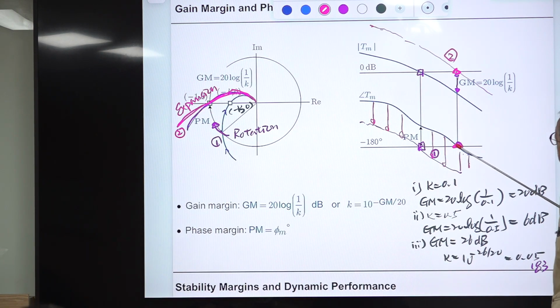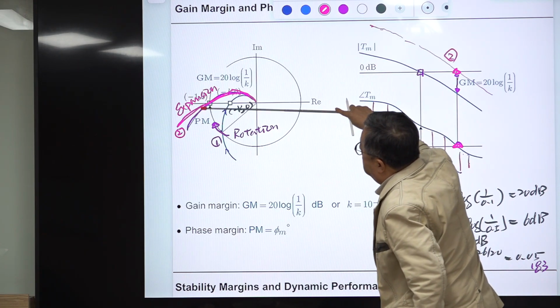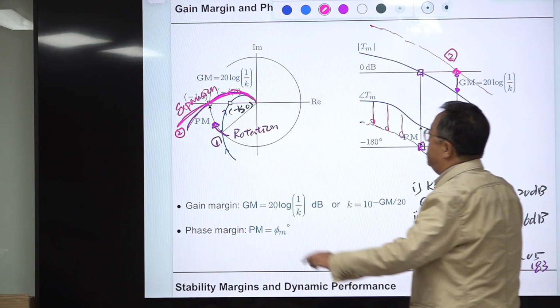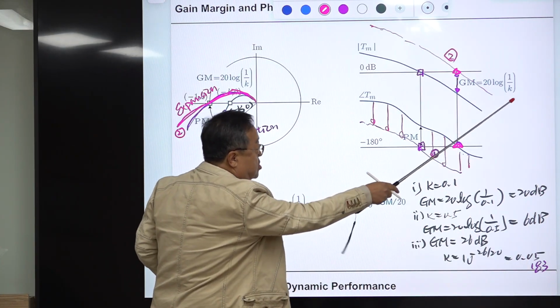At this frequency, phase drops to minus 180. Then the magnitude should be smaller than unity. That means the plot is passing this part, line segment A. And the distance is related to the gain margin. So the distance is this one.